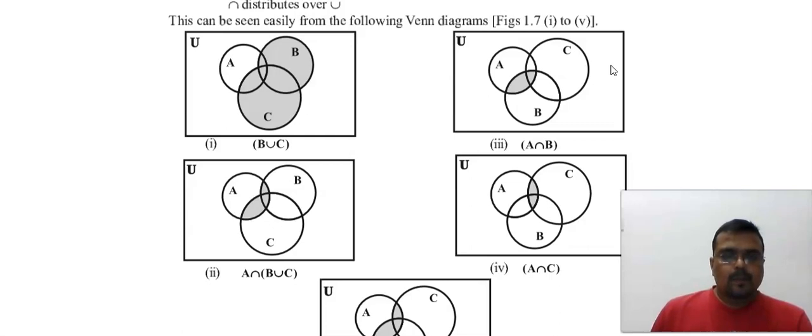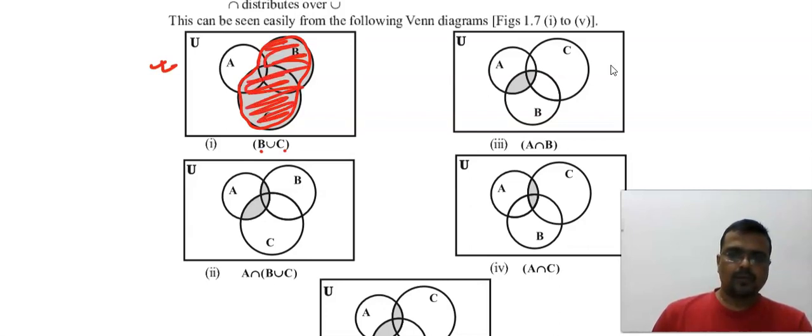Okay. In this figure, first figure, you can see set A and set B and set C, right? What is the meaning of B union C? B union C means anything within the boundary of B or C. So it doesn't matter whether A comes or not, but it should be all within the boundary of B or C. Inside that would be the part of B union C, right? Okay.